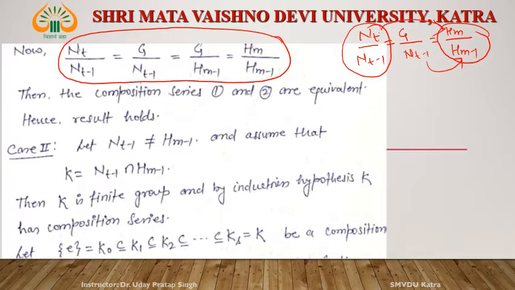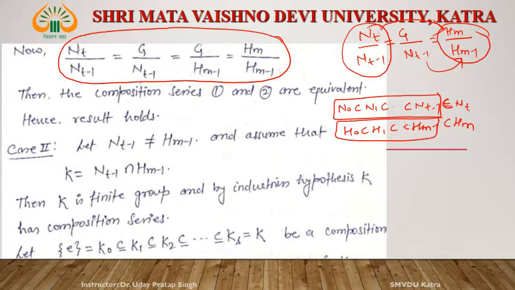So all the factors, N0, N1 up to Nt minus 1 and H0, H1 up to Hm minus 1, up to here, their factors are equivalent by the method of induction. And for Nt by Nt minus 1 and Hm by Hm minus 1, we have already shown they are equivalent.